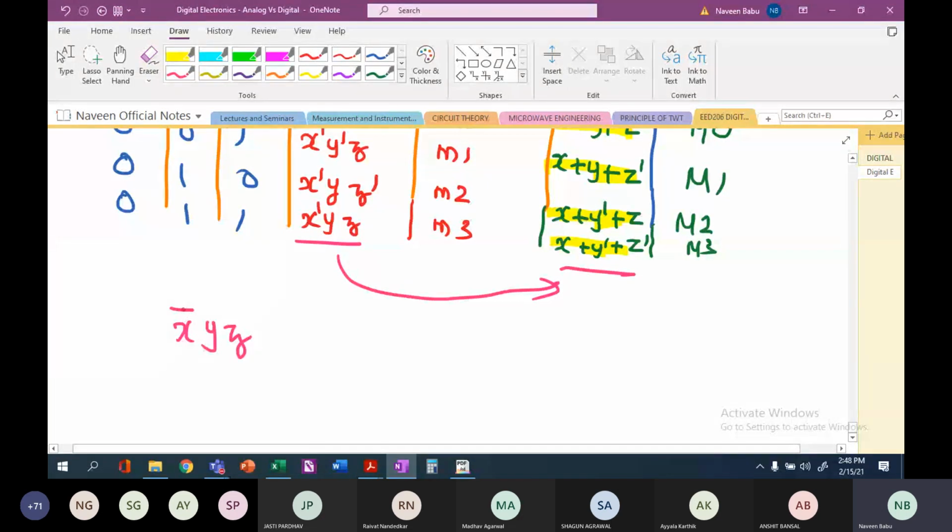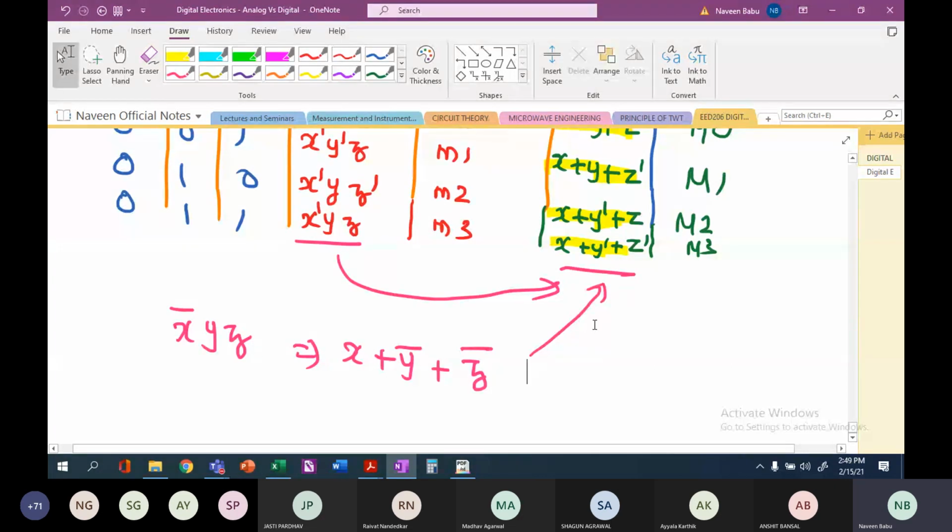Apply De Morgan's law. So what is De Morgan's law? Change the sign and then break the bar. So x bar becomes x, y becomes y bar, and z becomes z bar, and dot becomes plus, and you got the same thing: x plus y bar plus z bar.